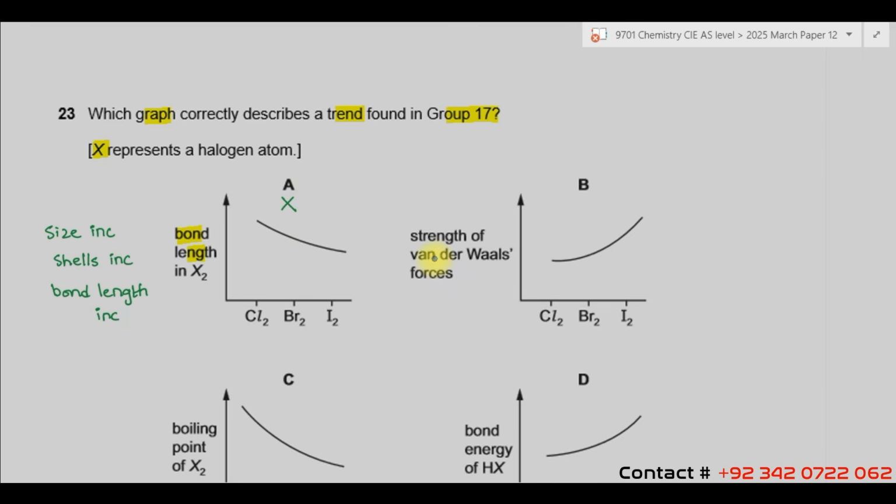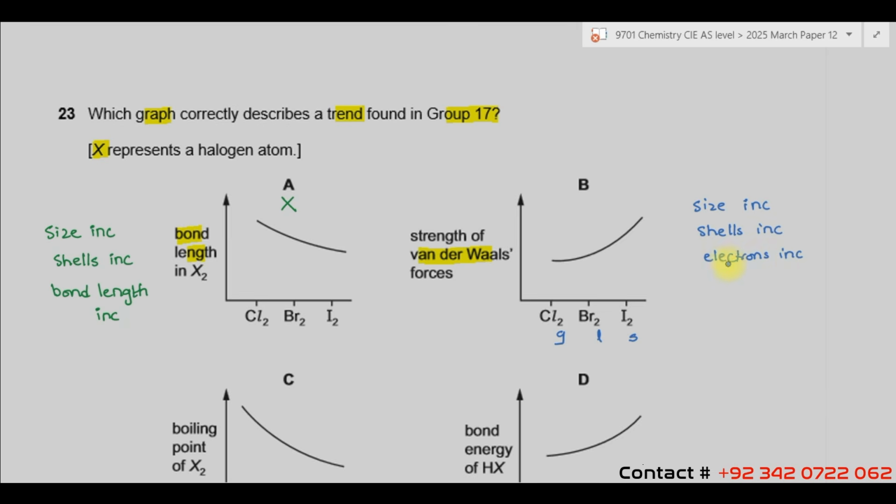B shows the strength of van der Waals forces. So we have chlorine. Chlorine is in the form of gas, and we have bromine, which is low boiling liquid. We have iodine, which is solid. So we can see that as size increases, number of shells increase, number of electrons increase.